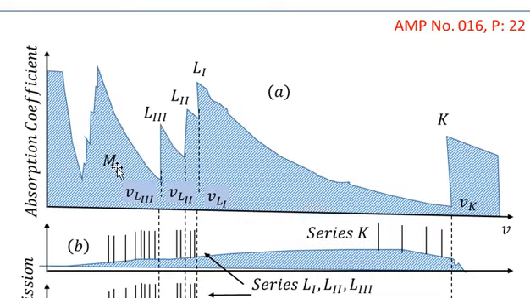Similarly, for the M, I have shown these edges M4, M3, M2, M1. These edges have been shown, but I have not labeled them because of the smaller space available in this diagram.